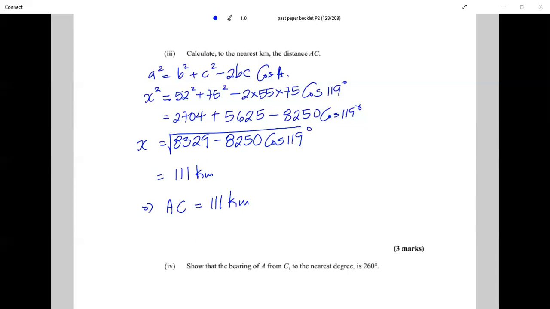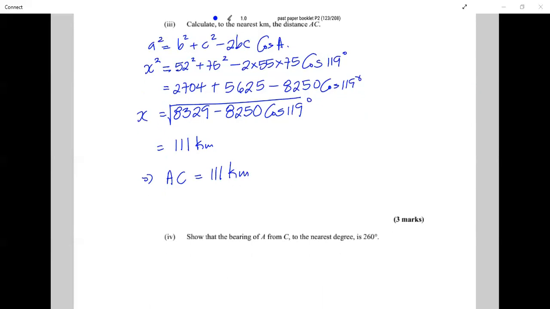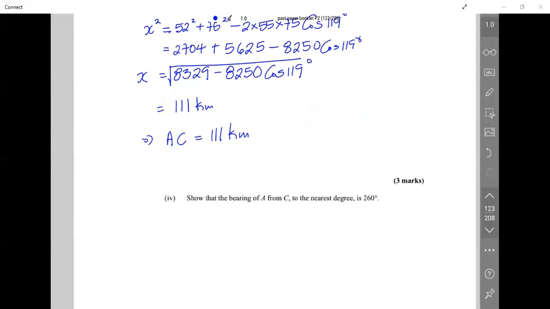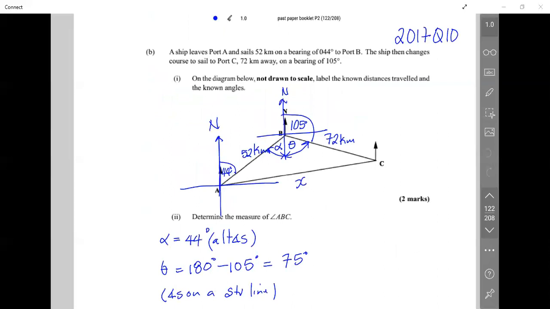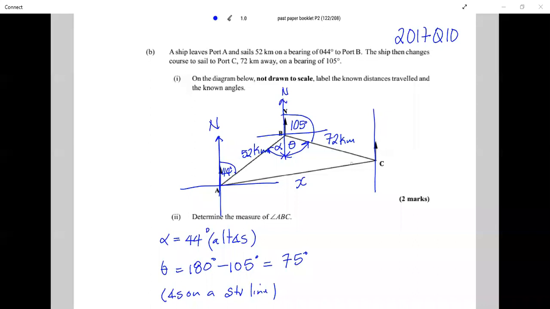So next we're asked to show that the bearing of A from C to the nearest degree is 260. We need to show that the bearing of A from C, so you're taking the bearing from C, if this is north, bearing is measured clockwise from north.